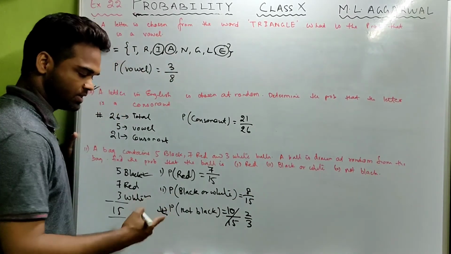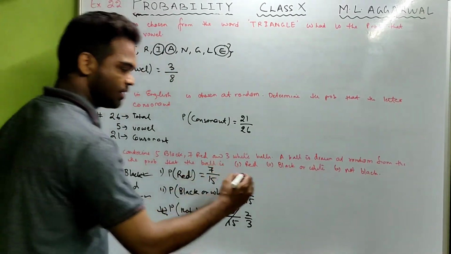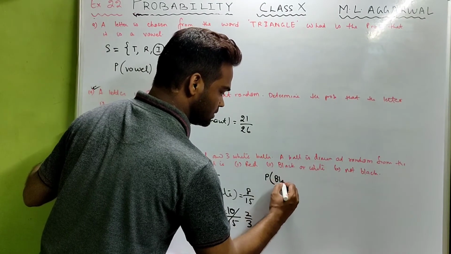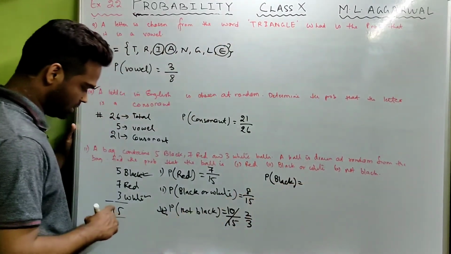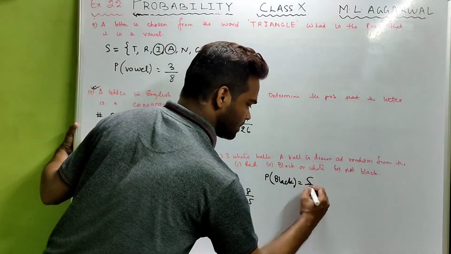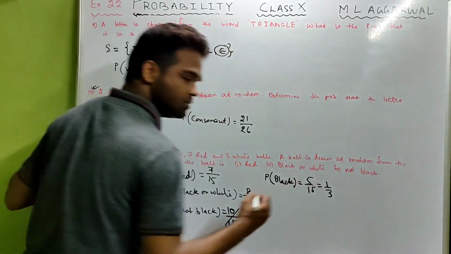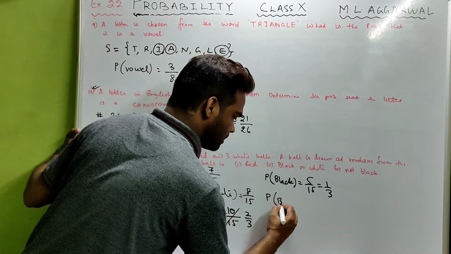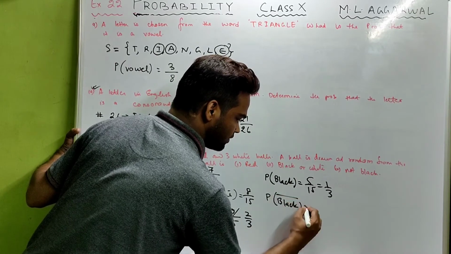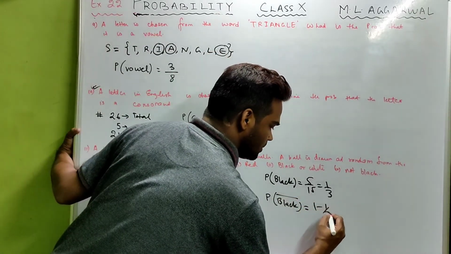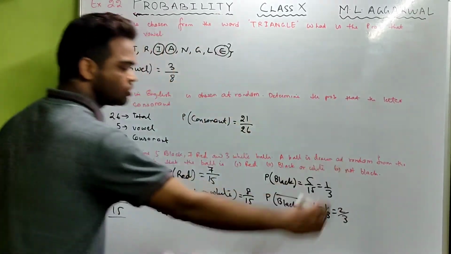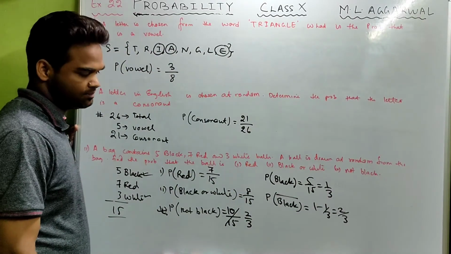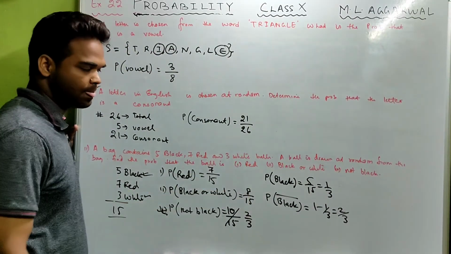This we can do one more way. Probability of not black: we'll find the probability of black. Probability of black will be 5 by 15, isn't it? That's 1 by 3. So the probability of not black will be 1 minus 1 by 3, that's 2 by 3. Done. We can do it either way.